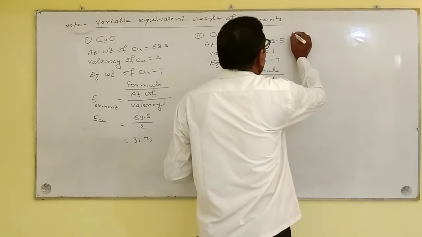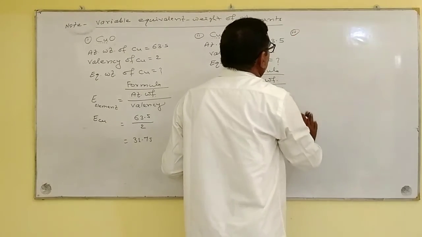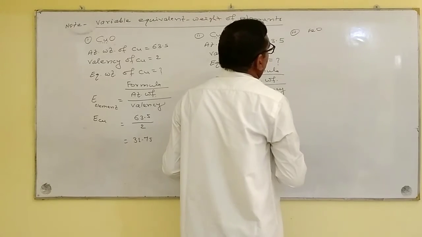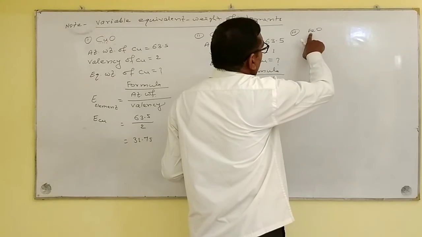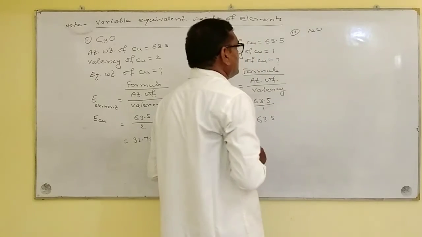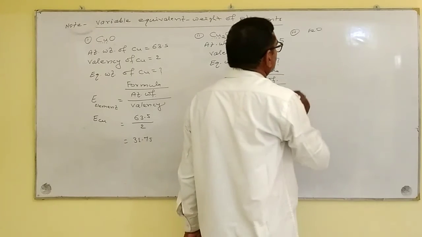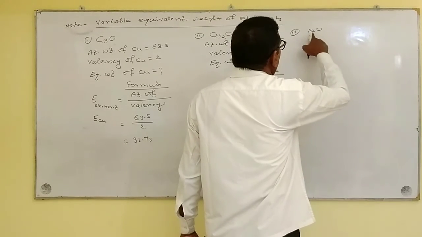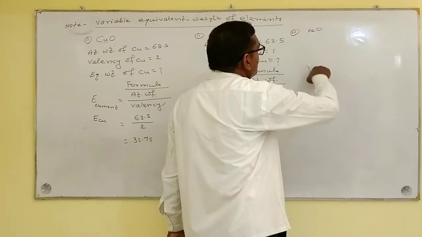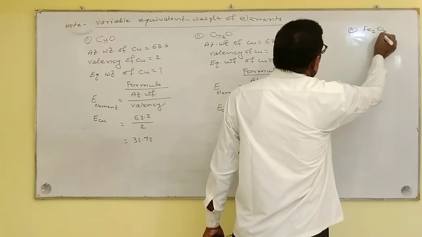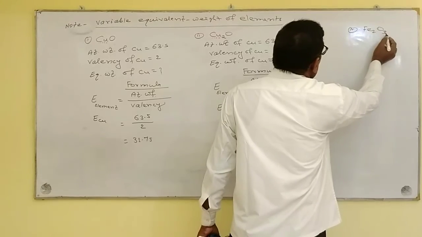We write homework: FeO. It is called ferrous oxide. In ferrous oxide, valency of iron is 2. In ferric oxide, valency of iron is 3.